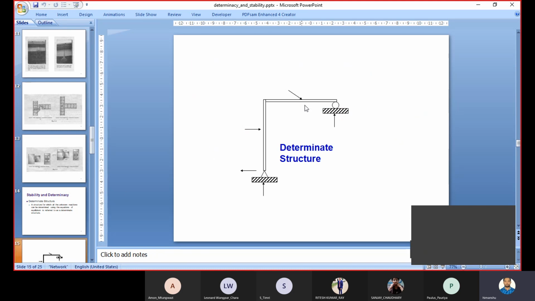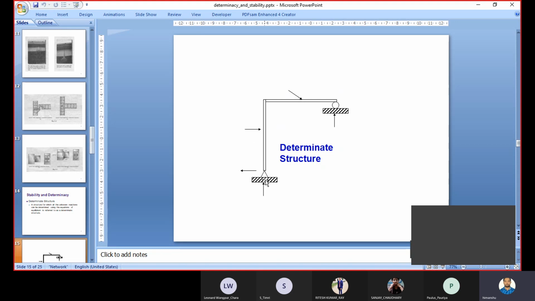Just see this diagram. This is an L-type structure. It is hinged at one end and roller supported at the other end. Do not bother about the external load supplied.